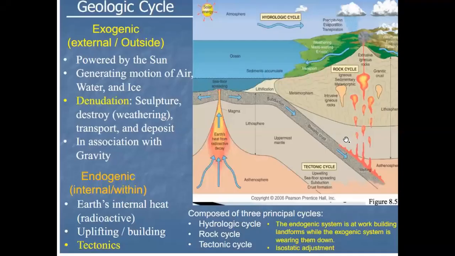So now we have already said the Earth is a closed system. All it needs is energy from the sun. And we already know that energy from the sun is that which sets in motion the Earth processes, for example, generating the motion of the air.